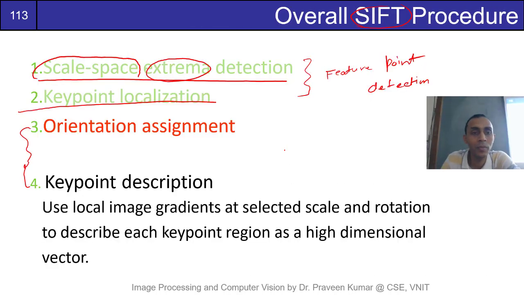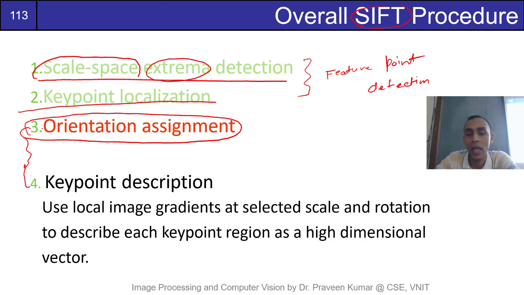Before actually doing the description, SIFT also tries to handle the orientation problem. Harris corner, as I said, was rotation invariant, but even for describing our key point, we have to make it rotation invariant.